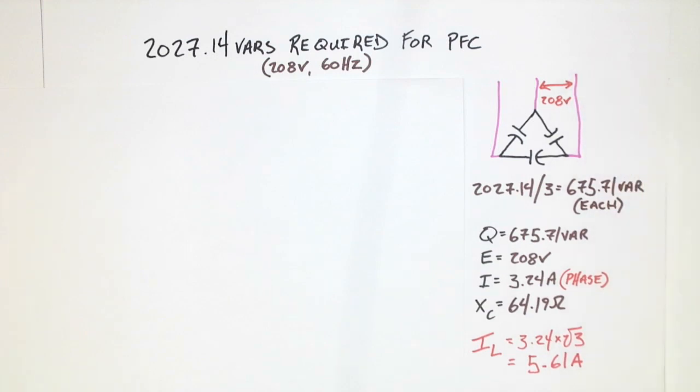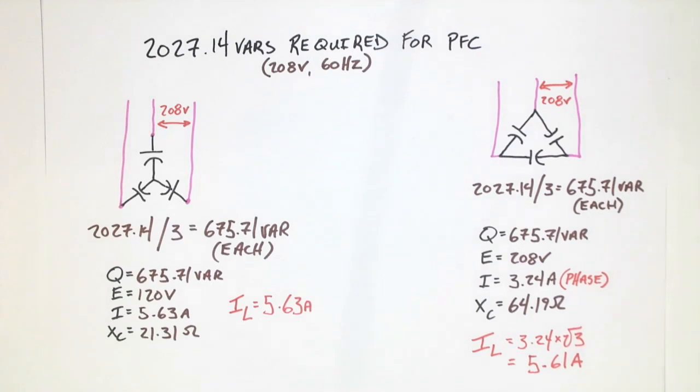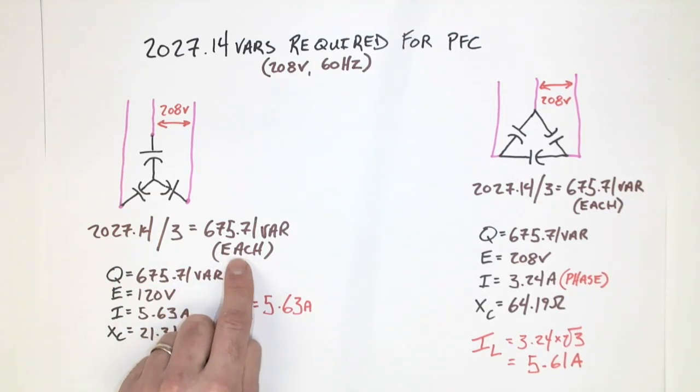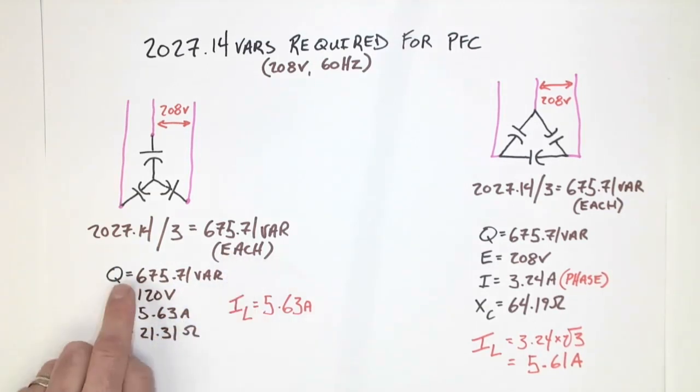If, on the other hand, we wanted to do a Y connection, well, a Y connection will have exactly the same line current because it is going to provide the same amount of leading VARs. However, the voltage rating of each of the capacitors will be slightly different. Again, we take our total, divide by 3, get 675 and change VAR.